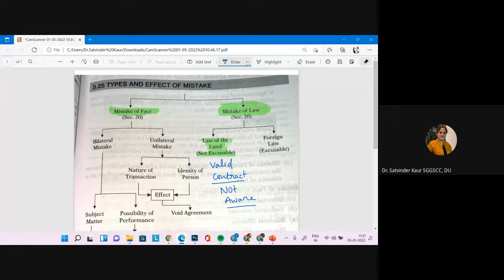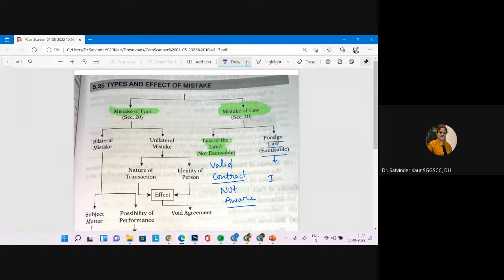It will not spare you or make you excusable that you did not have the knowledge. But if we talk about foreign law, we are not supposed to have all the details or information about foreign law. So there, if you made a mistake with respect to foreign law, depending upon the circumstances, this is excusable.